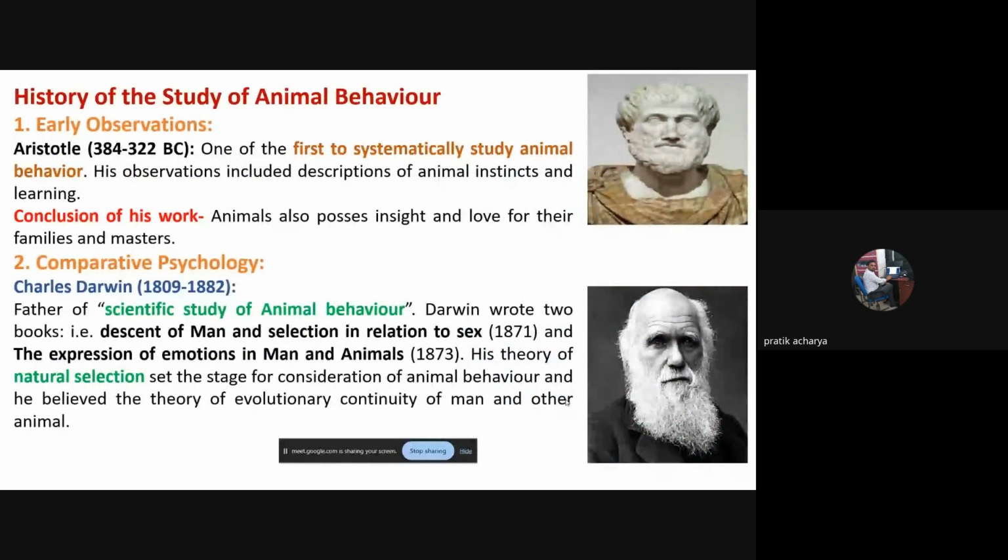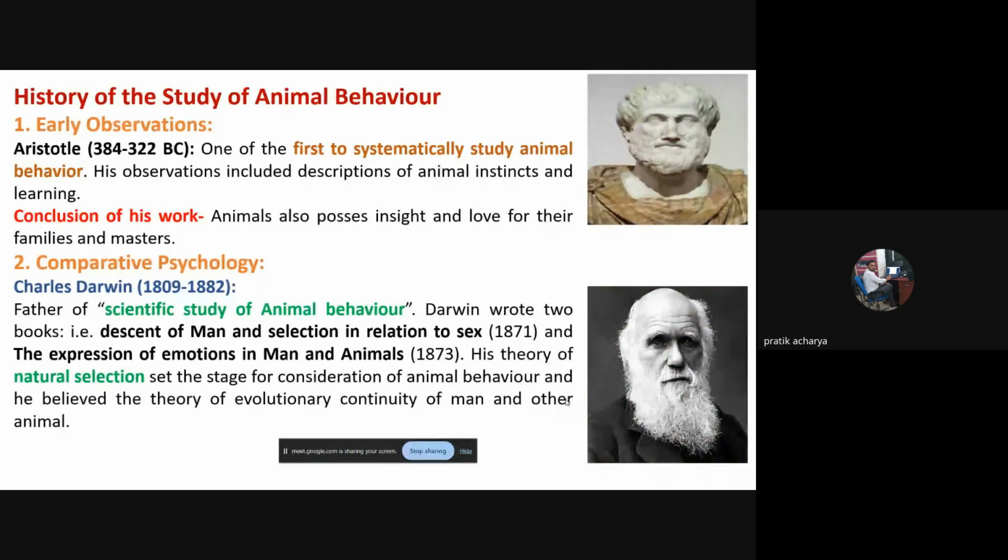So this is the history of animal behavior: why we are studying animal behavior, and who actually provided the path for it. From early observation, Aristotle's observation: he was the first to systematically study animal behavior, and he observed descriptions of animal instincts and their logic.